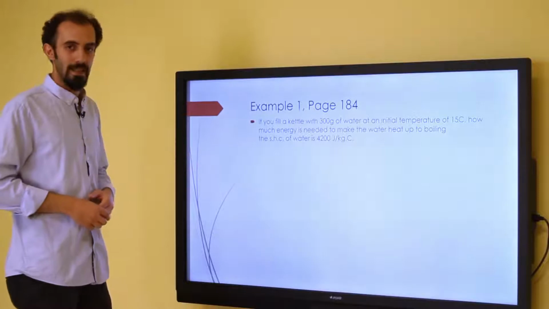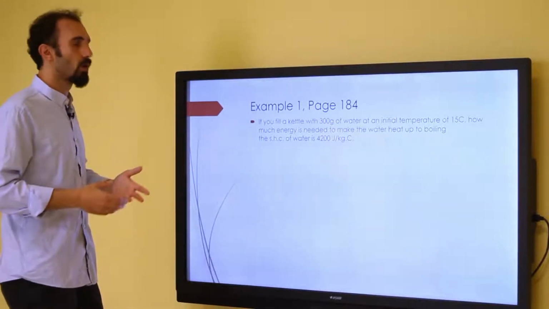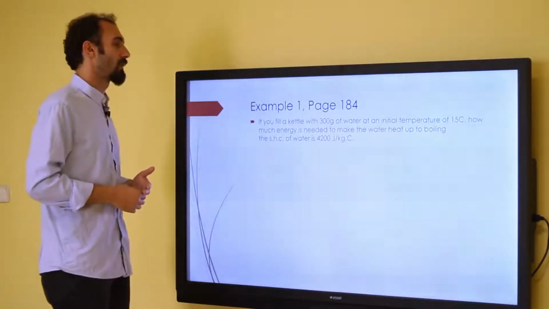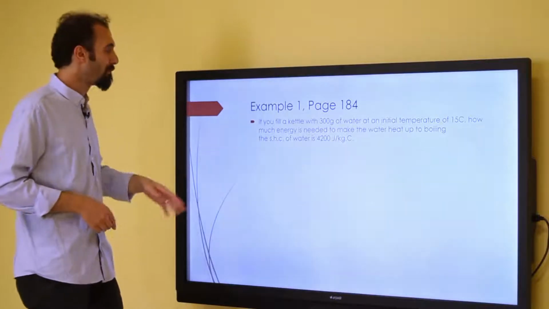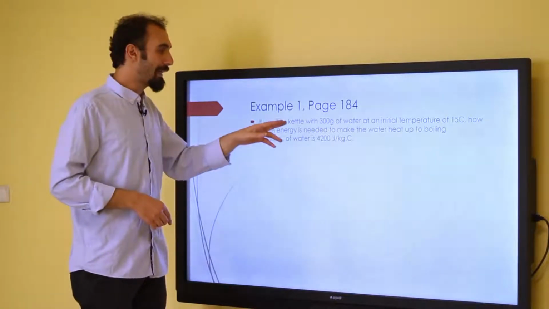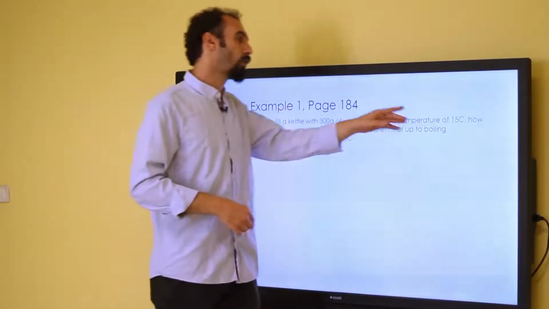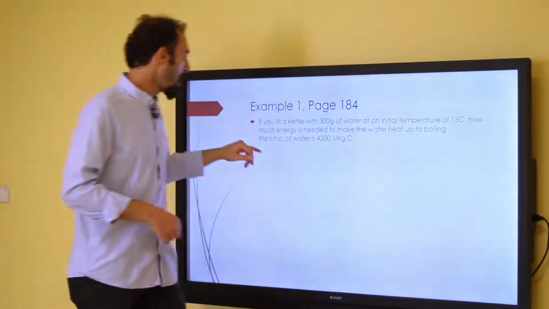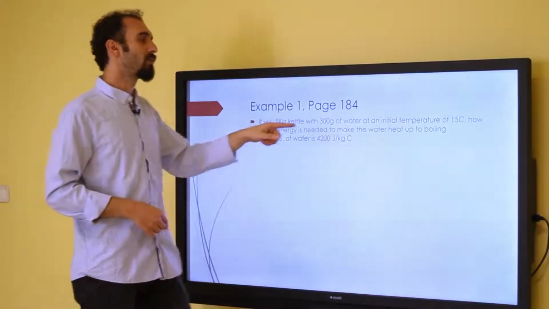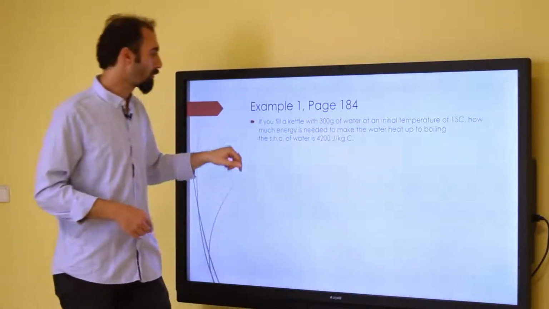Let's take one example of how we can solve a question regarding the specific heat capacity. If you fill a kettle with 300 grams of water at an initial temperature of 15 Celsius, how much energy is needed to make the water heat up to boiling?